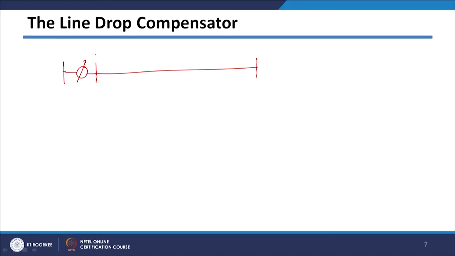To control the regulator positions, we use this line drop compensator circuit. As I explained in the last class, the line drop compensator circuit takes feedback from your current transformer and your potential transformer, which is connected here, and this is your line drop compensator.